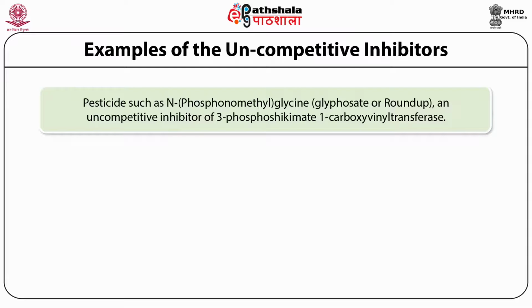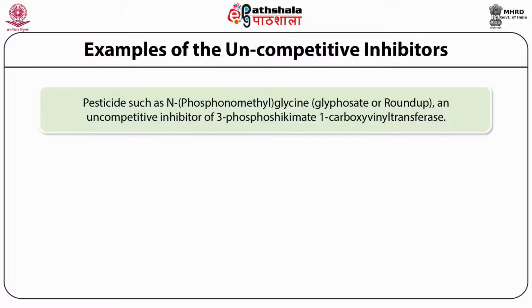So if you are inhibiting aromatic amino acid biosynthesis by using glyphosate, that will inhibit the growth and survival of a particular pathogen. But it is interesting that because of transgenic production, we have glyphosate resistant plants.